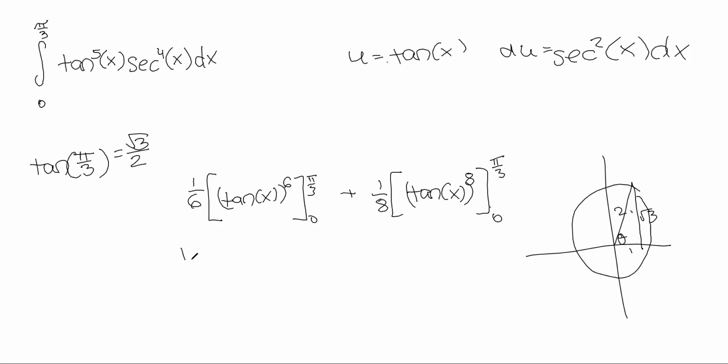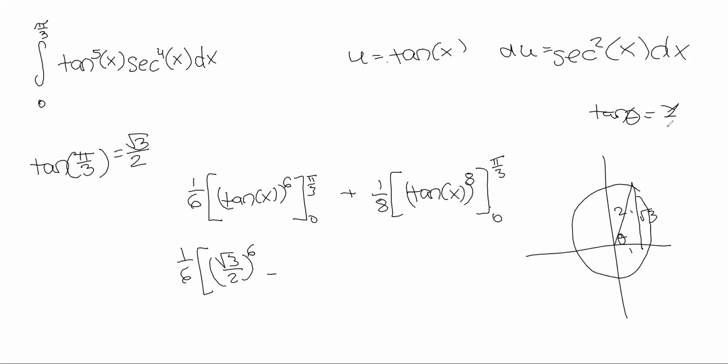So we have 1/6 times square root of 3 over 2 to the 6th power. And then we have minus tangent of 0 to the 6th power. And then tangent of 0 is going to be, well, tangent is x over y.